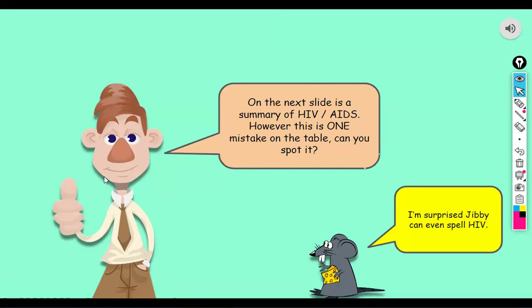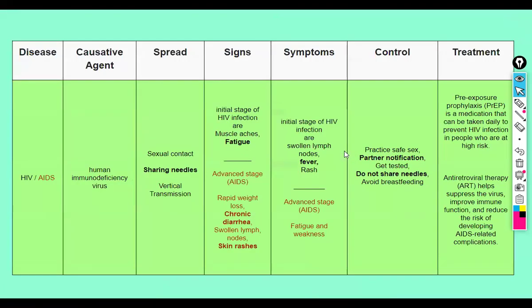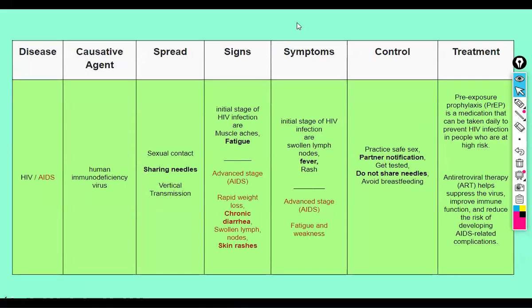There is one mistake on the table, and I want to know if you all can spot it. But here's the thing. I want you to close your notebooks, and I want you all to spot the mistake on this table. This is a table I gave you all not too long ago that describes basically everything about HIV. Without looking in your books, spot the mistake and describe it to me on the chat. Read it through carefully. It's a very slight mistake.